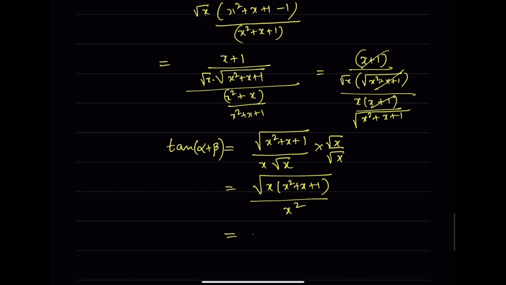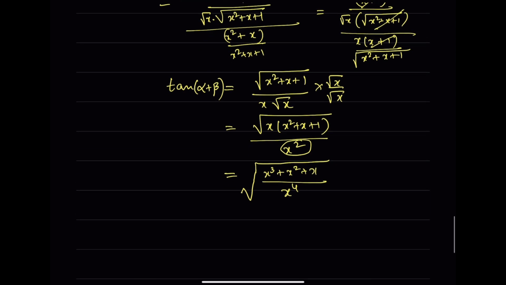Now this can be again rewritten as, let me add a bigger one. This can be written as x cubed plus x squared plus x divided by, now x squared can be changed to a square root of x to the power of 4, because the square root of x to the power of 4 is x squared, so we just inversed it.